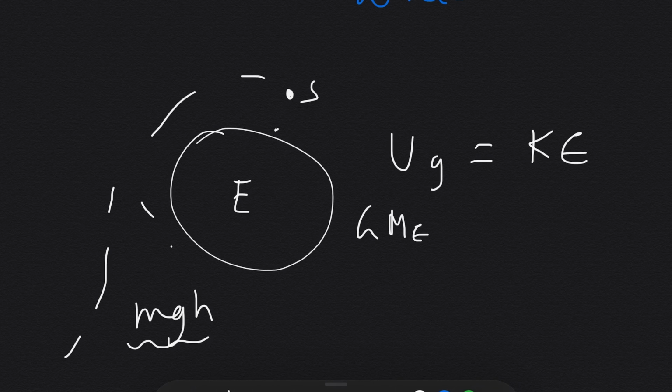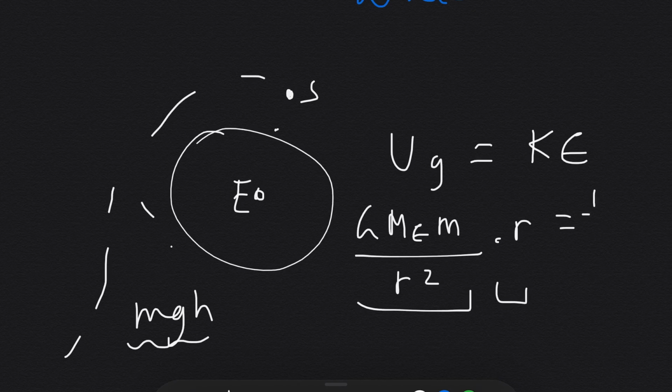That's G M_E, and for S, it's just m, divided by the distance between the Earth and this object, which I'll just call R. So that's R squared. This is the force, so I still have to multiply by a distance, which is just R once again. All right, that's the gravitational.